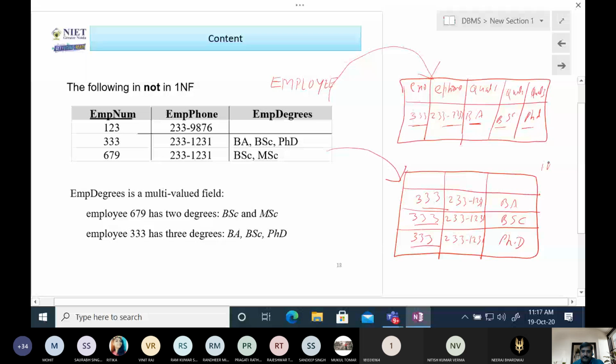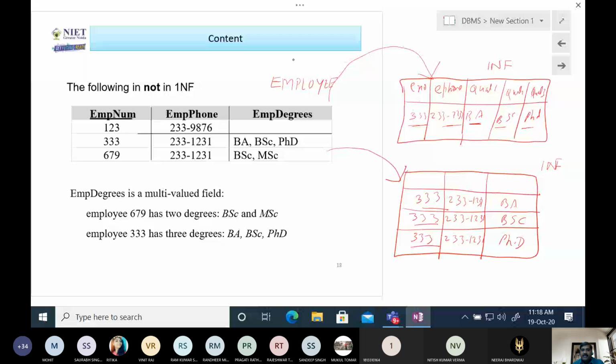Yes, sir. Now please tell me, what is another method for converting this unnormalized relation into first normal form? Please let me know. Decomposition.